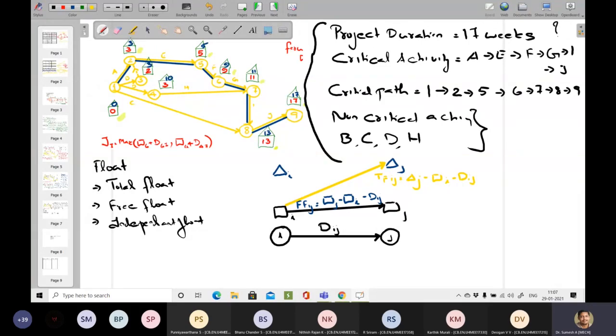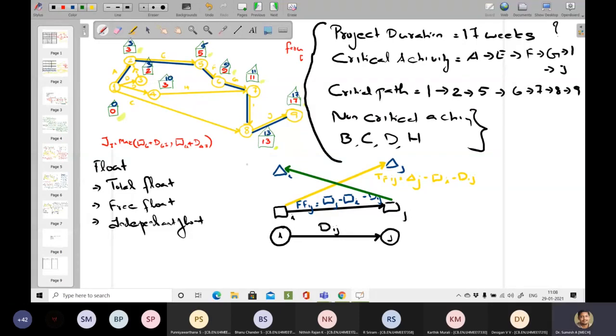And the third one you will be computing vice versa, that is from rectangle J to triangle I. When you are calculating that, that is called the independent float.